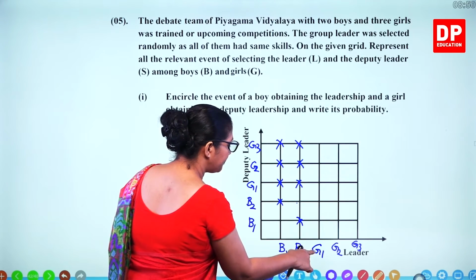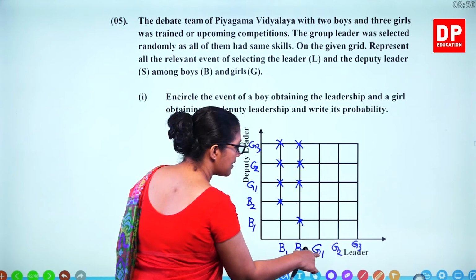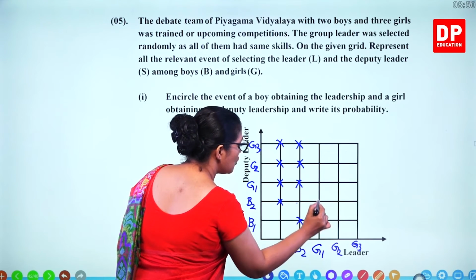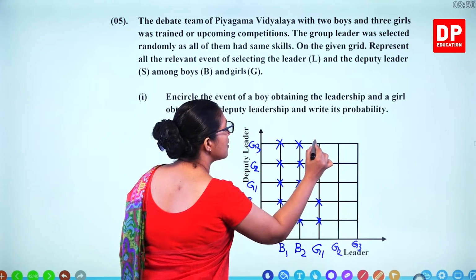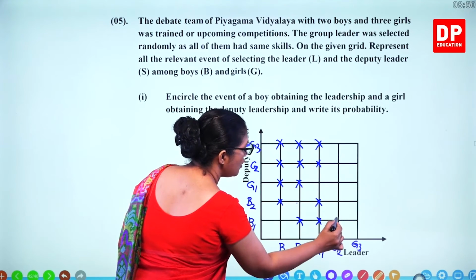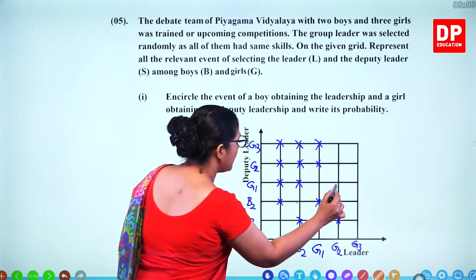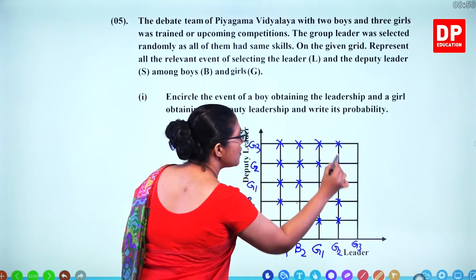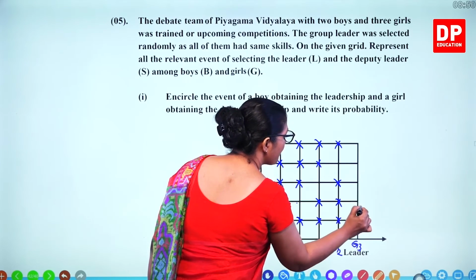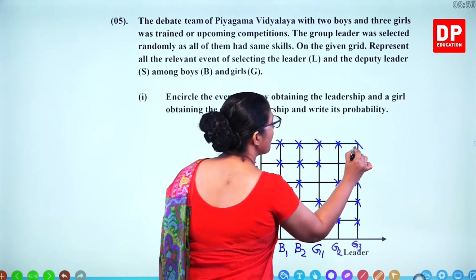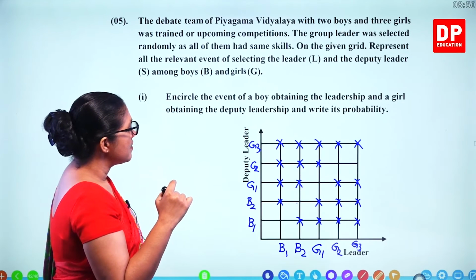G1, if she is selected as the leader, she can't again take the deputy leader position. And G2 is the same, the second girl. Same position, can't take with the same person. So you get this diagram.